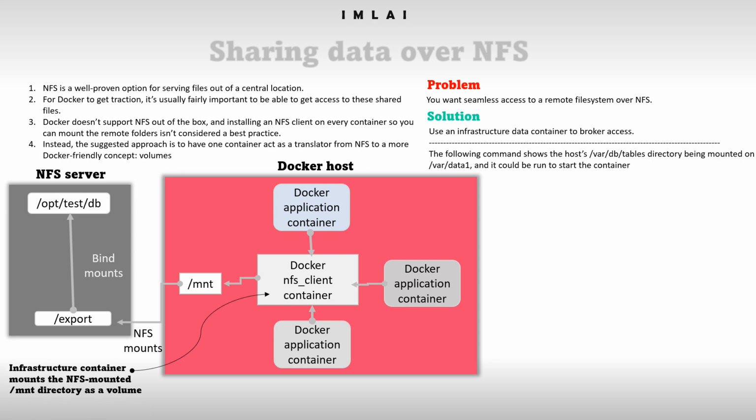So the infrastructure container mounts the NFS mounted directory as a volume. Now the Docker host mounts the folder using the NFS protocol to its /mnt directory.